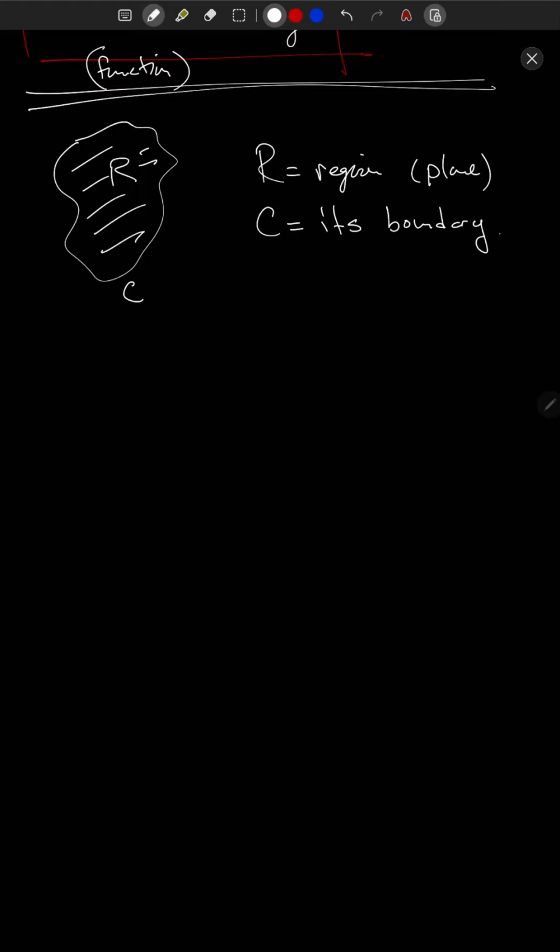Now, we're not just going to leave it at that. We actually want C to be closed. So it has to close up on itself, otherwise it's not going to enclose a region. And you kind of expect that we want this because we're going to be doing integration, so we want a region that we want to integrate over. So closed, piecewise smooth. What does this mean?